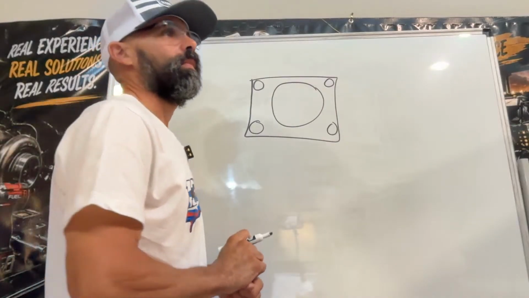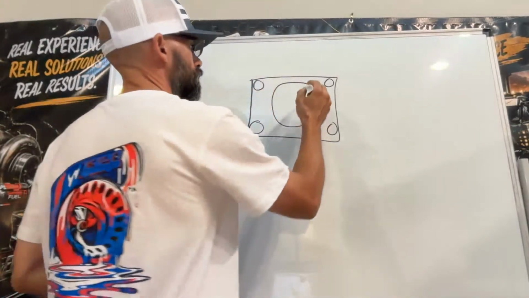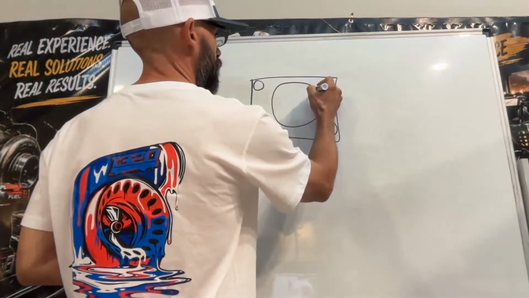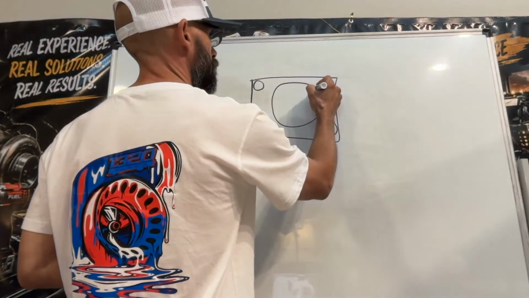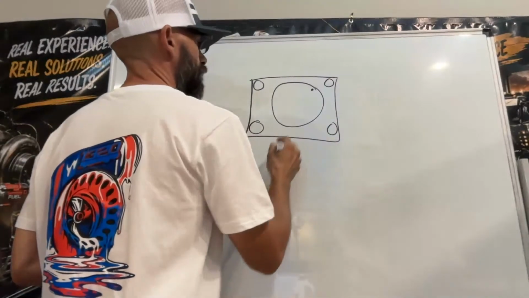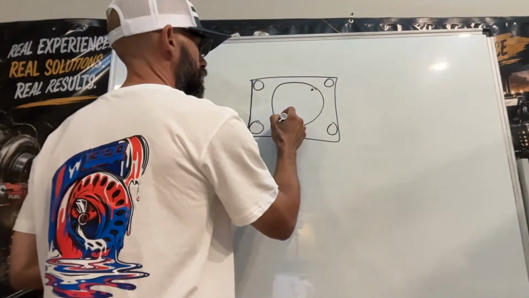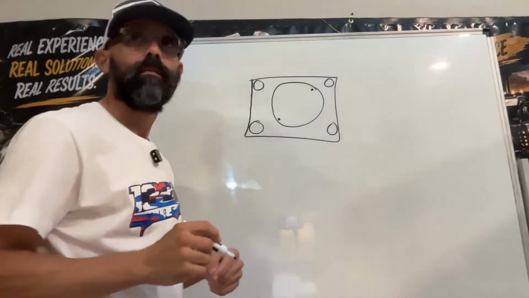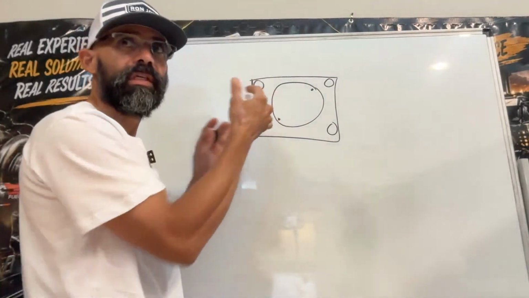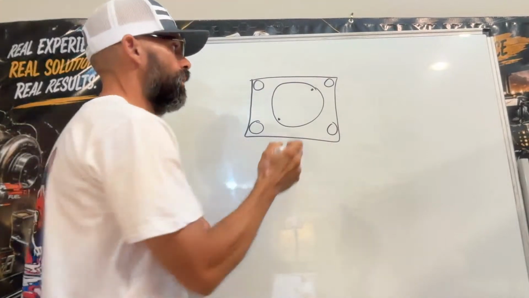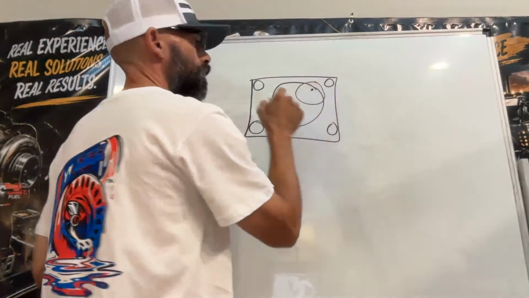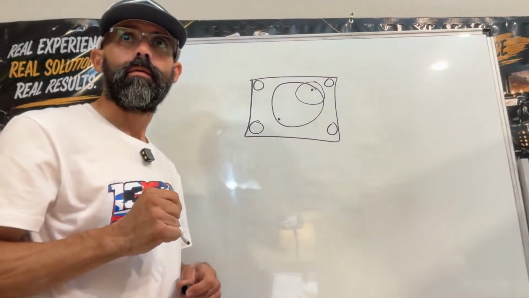So there's a plate. If you look at it, you're gonna have a pin here, and a pin here, something like that. If you disassemble the pump and your pin is right here, make sure you put it back where it was.